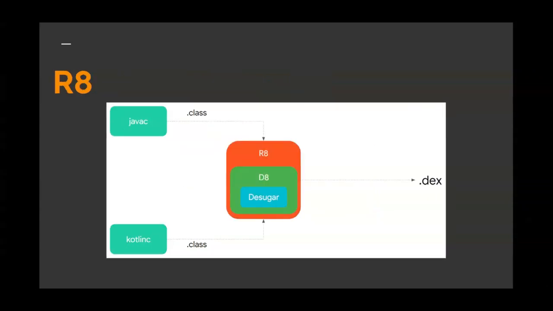Now comes R8. R8 is a new code shrinker from Google, and it's a spin-off of D8 that aims to integrate the functionality of ProGuard and D8 together. I need to mention that R8 is not ProGuard. It's a new tool by Google that supports only a subset of the things that ProGuard does, and it is more Android specific.